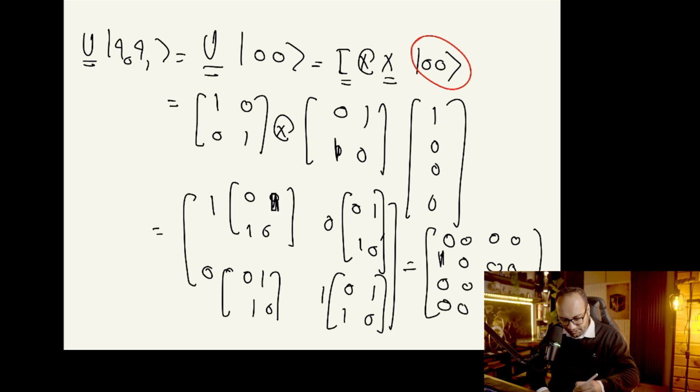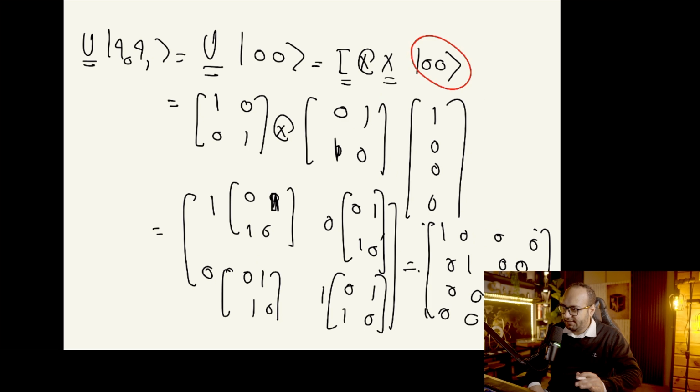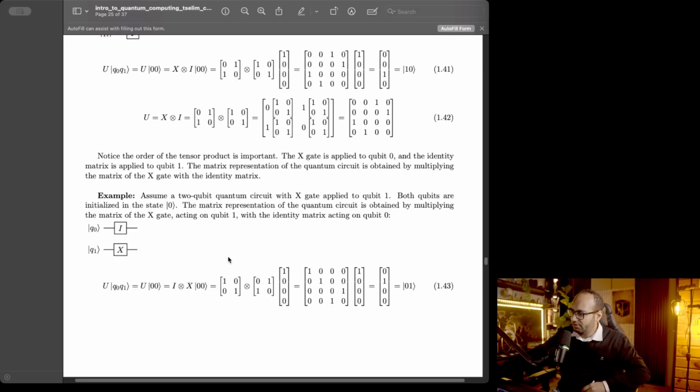A minor correction here, this will be 1. So in that sense, it's clear. We have the X gate and here we have the identity. We can act with this matrix on the quantum register initialized here, and then I can get the result immediately, as we see here. That one will flip the second qubit, so the second will be 1, which is logical.